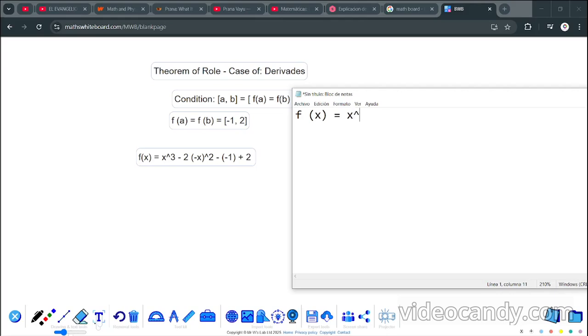Okay, 3 minor 2 minor x, upper sign again, 2 minor minor 1 plus, and there it was saying 2, but it was not 2. Okay, plus 2. There are people that say plu, but I'm not saying plu.